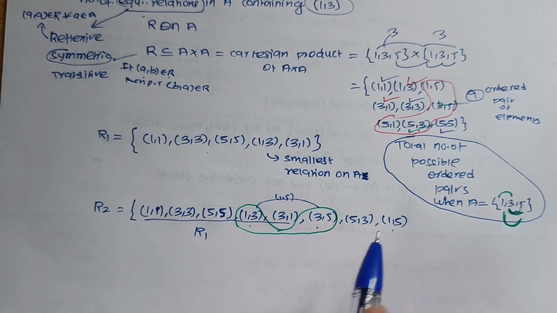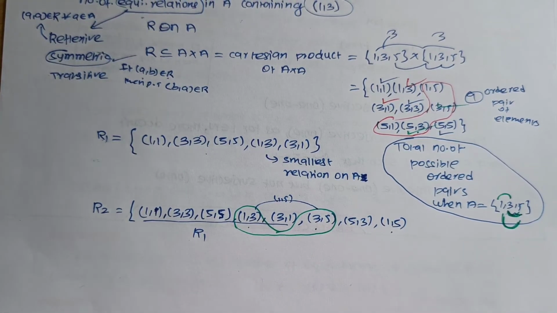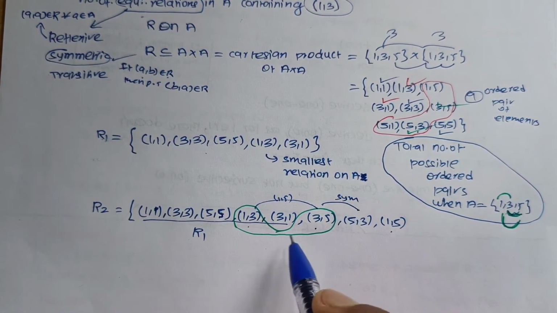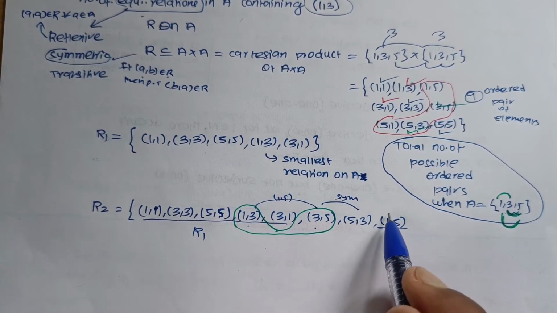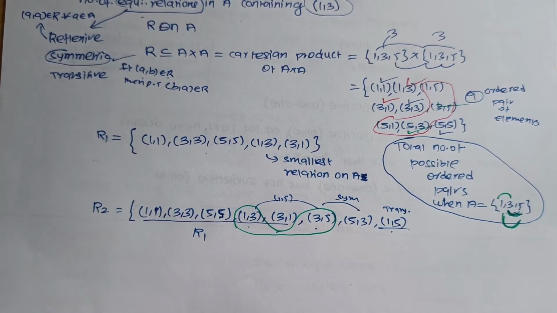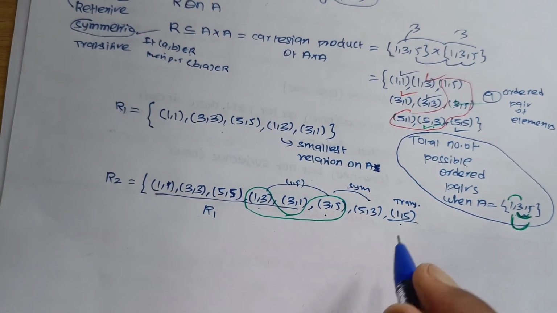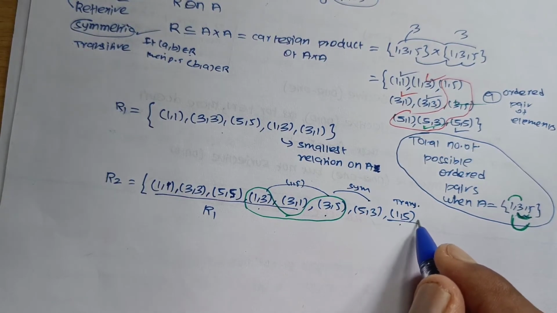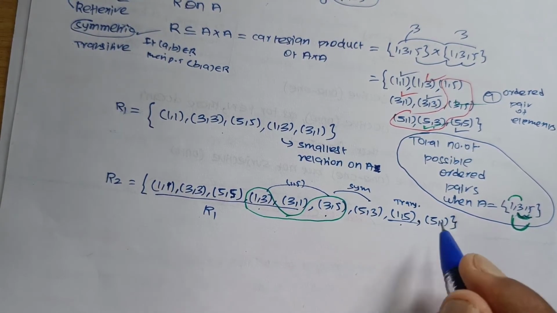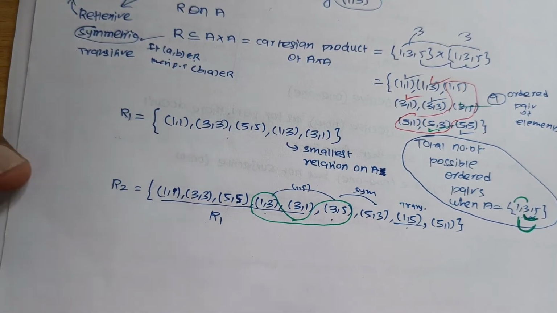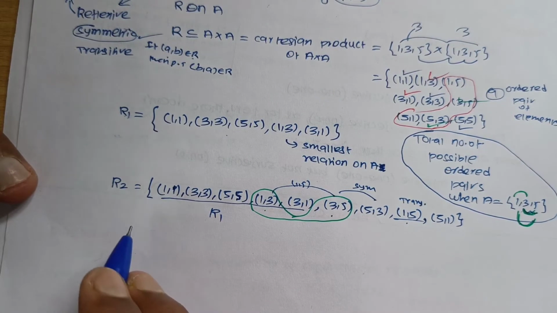If we add this, R2 will be transitive, and so it is an equivalence relation. (1, 5) means we can also add (5, 1) to make R2 symmetric.